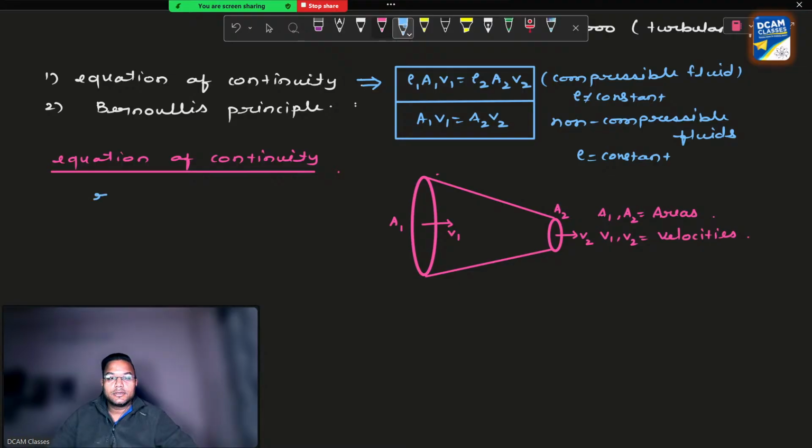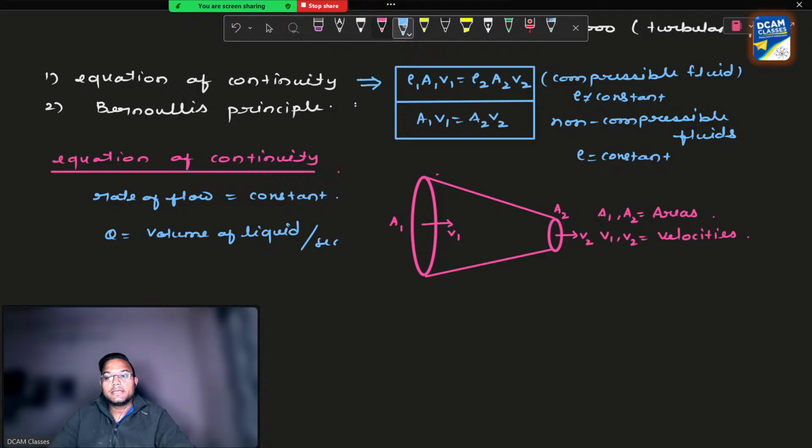Based on the rate of flow being constant. What is rate of flow now? Rate of flow is the volume of liquid flowing per second.